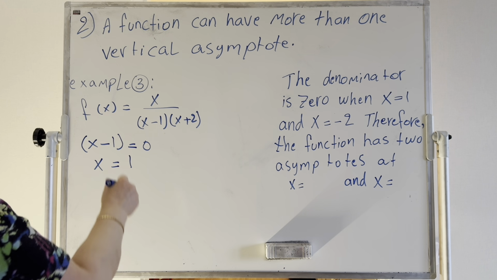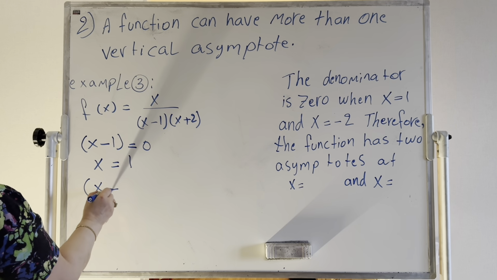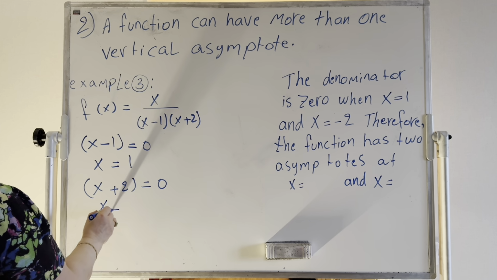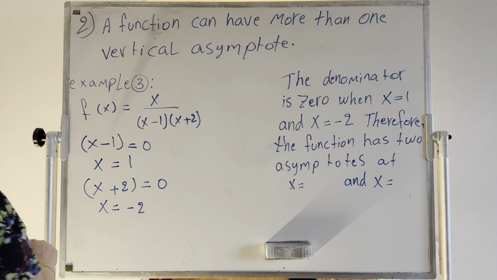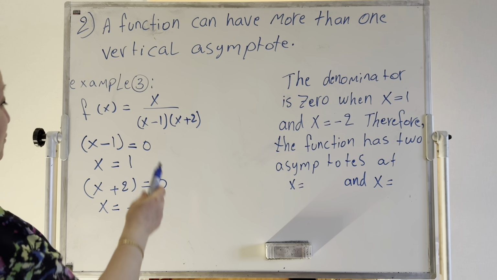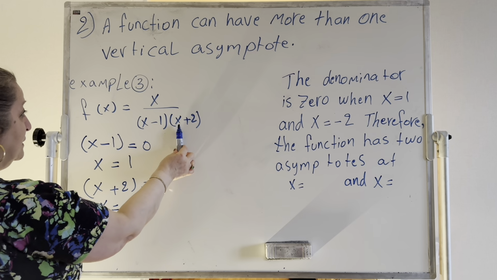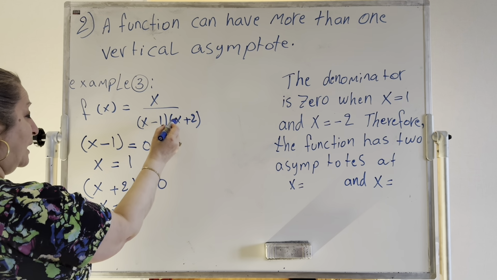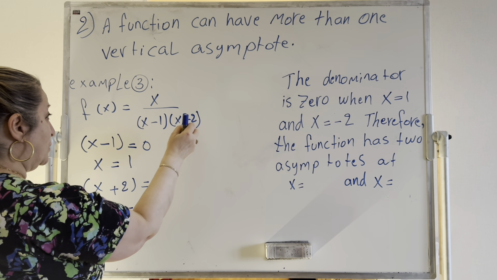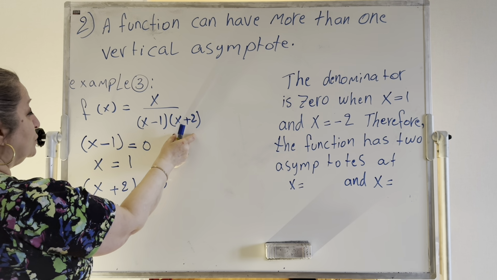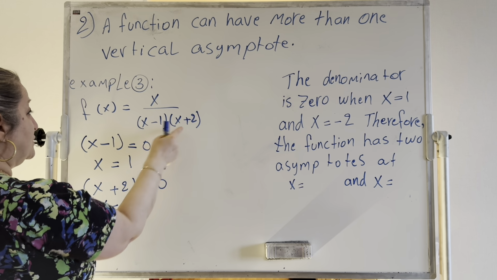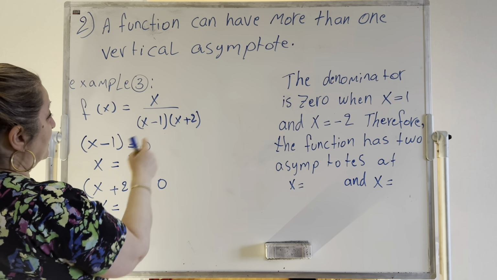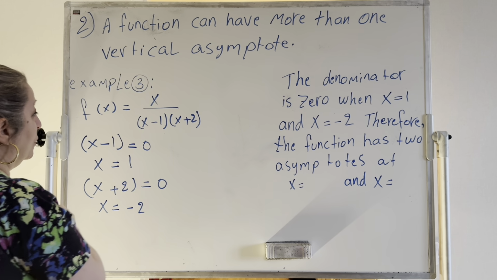And when x plus 2 equals 0, x equals minus 2. The same here, when I substitute minus 2 for x in this parentheses, I will see minus 2 plus 2 equals 0, and when you multiply 0 with another number or another parenthesis, it will be 0.